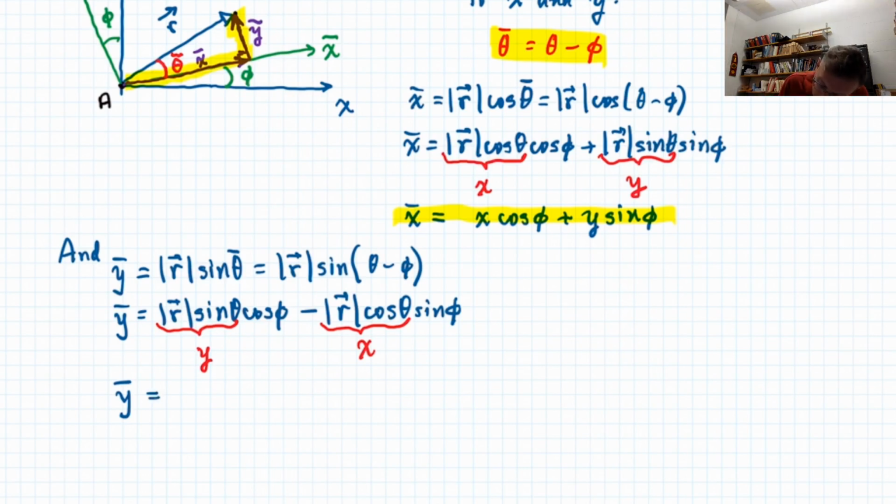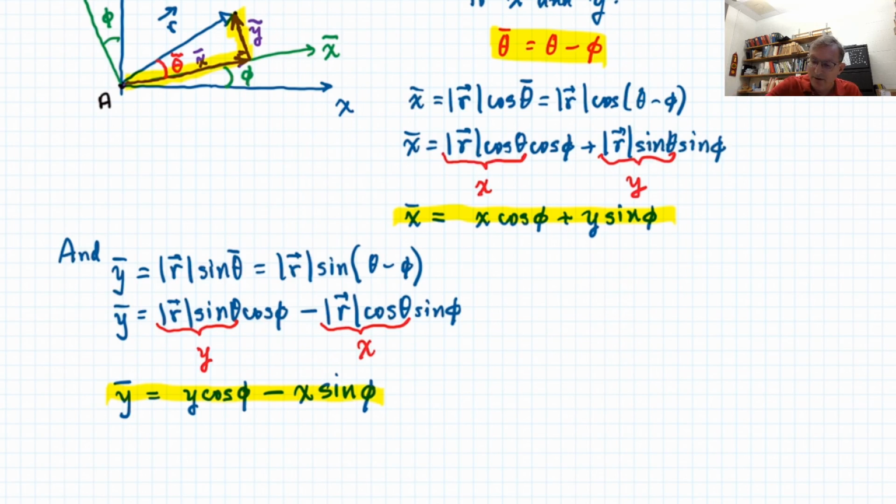It's equal to the original y component, y, times the cosine of phi, the angle that we've rotated the axes by, minus the original x component, x, times the sine of phi. That's the second important relationship. And those two expressions I've highlighted relate the components of the vector r relative to the rotated axes in terms of the components of r relative to the original axes and the angle phi of the rotation.